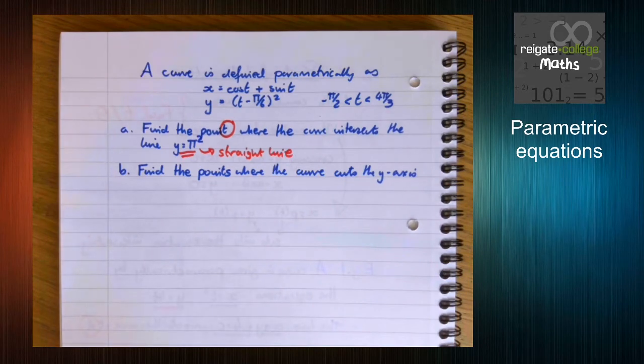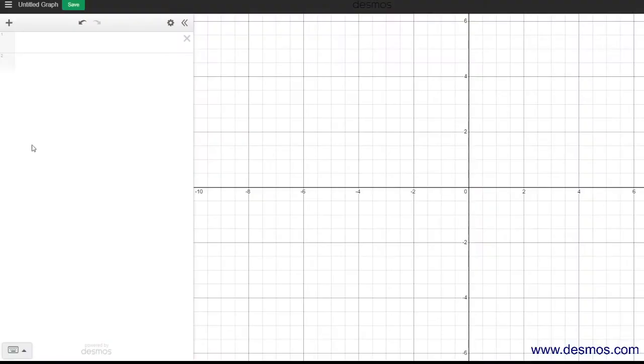When you're working from home or at school or college, absolutely you can use this website and it works great. So let's have a look here. This is the basic Desmos screen. So the first equation, the y equals pi squared, we're not going to worry about that for now.